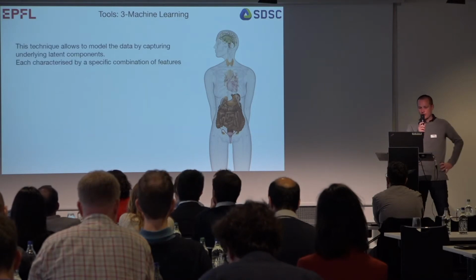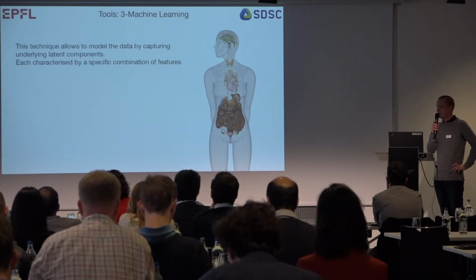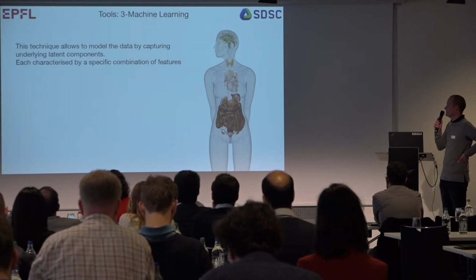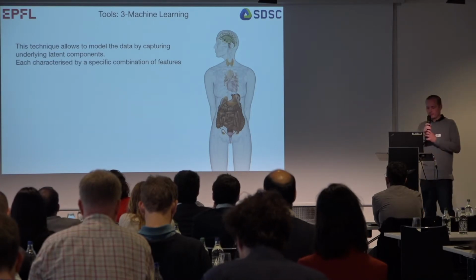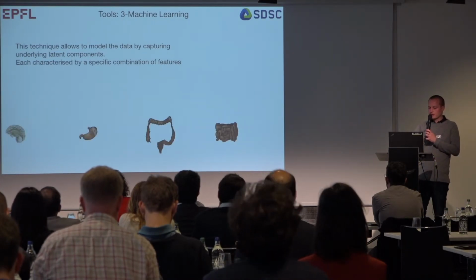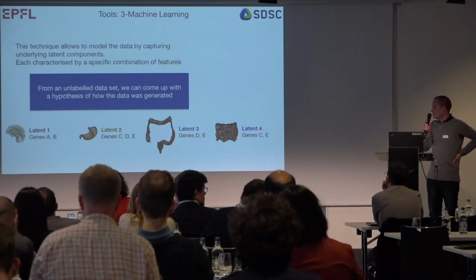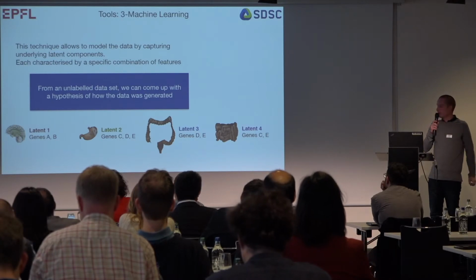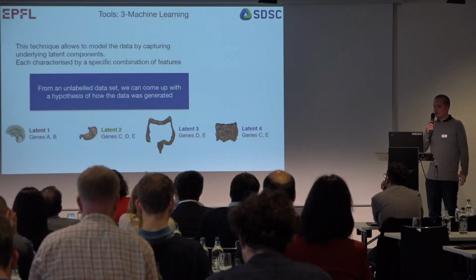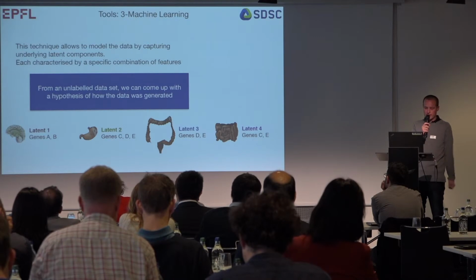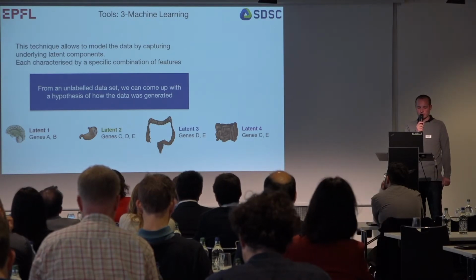With latent variable models, the nice thing is that we can capture these underlying latent components of the data. If we look at it the other way around and we look at the different tissues, every one of the tissues will be represented by one or more latent variables, and each of them will contain the different features that we saw before.